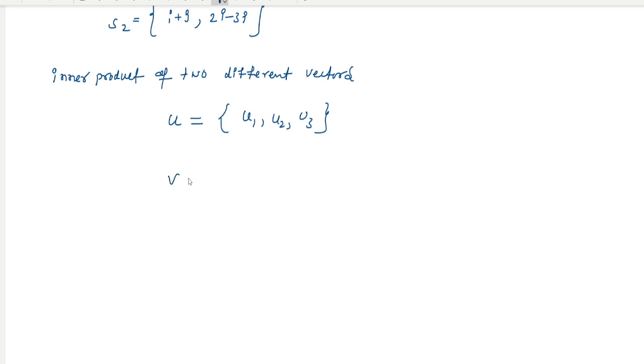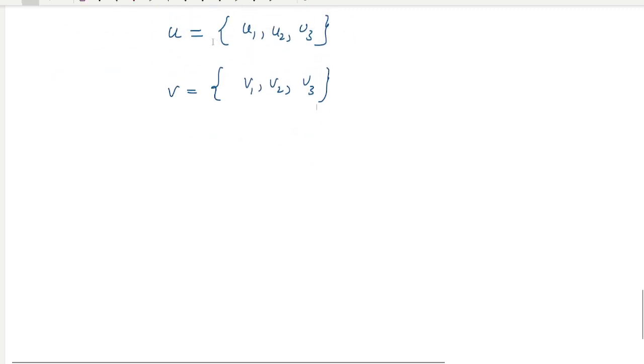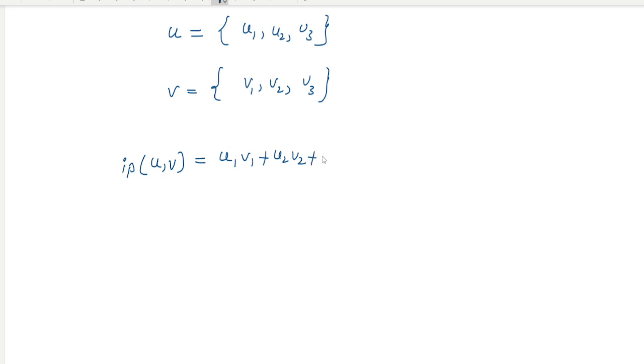Another vector v is v1, v2 and v3. Then the inner product of these two vectors is given by u1 v1 plus u2 v2 plus u3 v3. Thus the inner product is the sum of the products of the components of the two vectors.